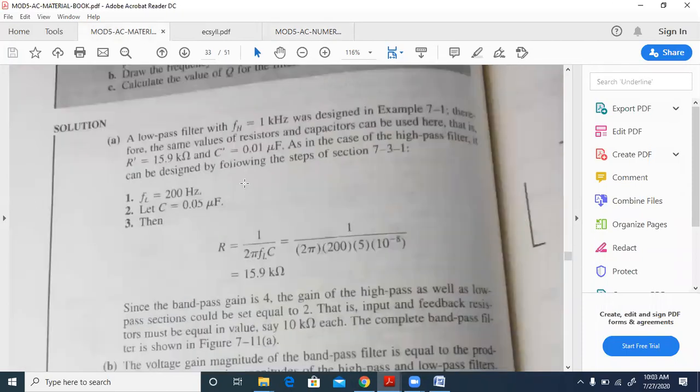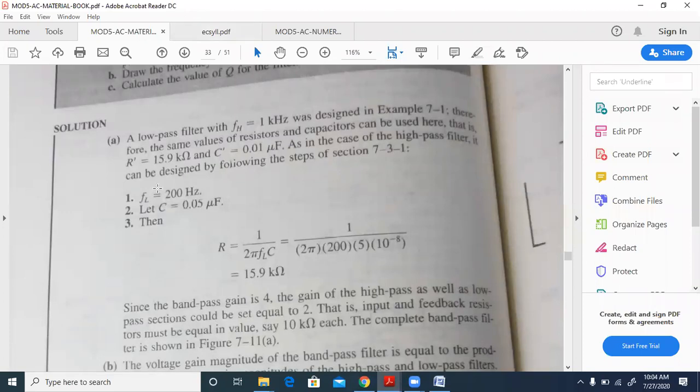In this problem, it is given as 1 kilohertz. So accordingly, this value will get changed for the formula FH is equal to 1 by 2 pi R dash C dash. Substitute in that, choose C dash equal to 0.01. Naturally, R dash will become, for 2 kilohertz, half of this, right?